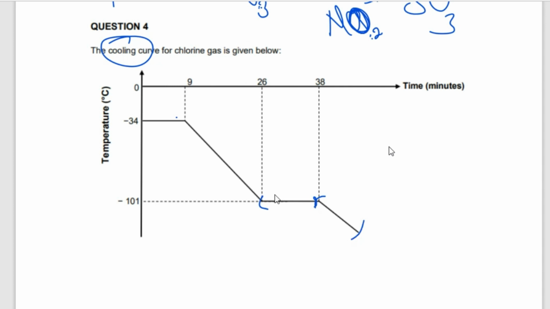So when there is a change in phase, this one becomes freezing, and what happens here? If it is freezing, it means that it is not losing anything. And when it's condensing, it doesn't lose anything, meaning that it's changing from the gas to a liquid.